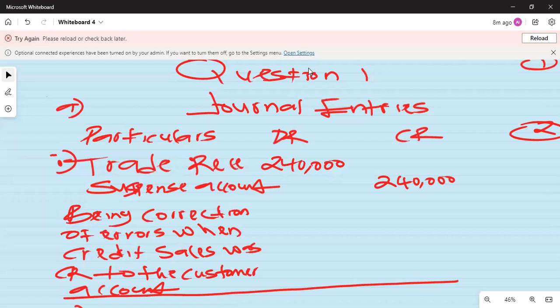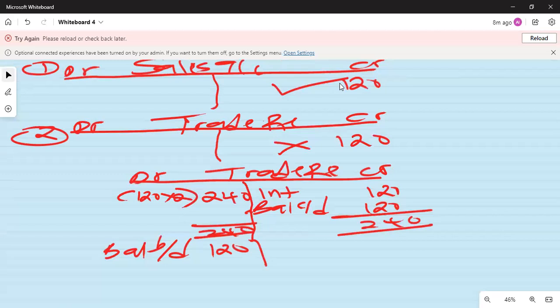The sales is 120, and it was entered on the wrong side. So I just need to multiply it by 2. 120 multiplied by 2, we have 240. If I'm having 240 on the debit side, I'm taking this one out so that at the end of the day, I'm going to have a balance of 120 in that account. That's it.